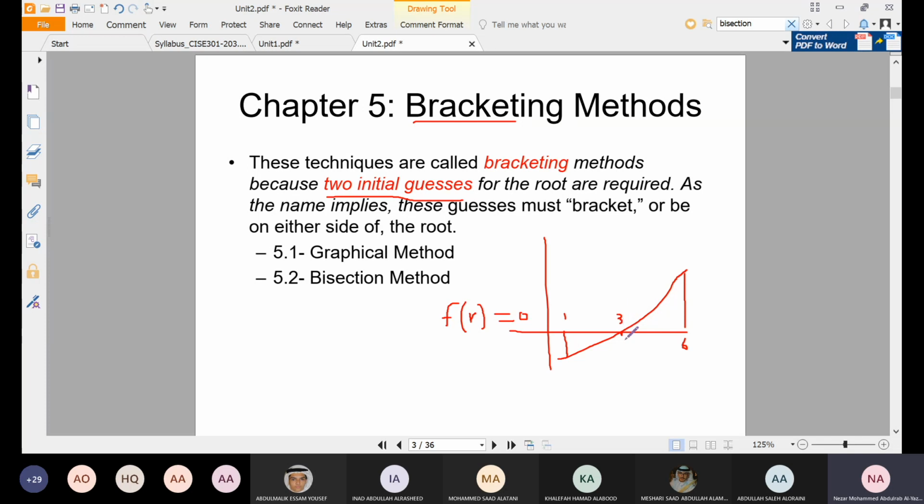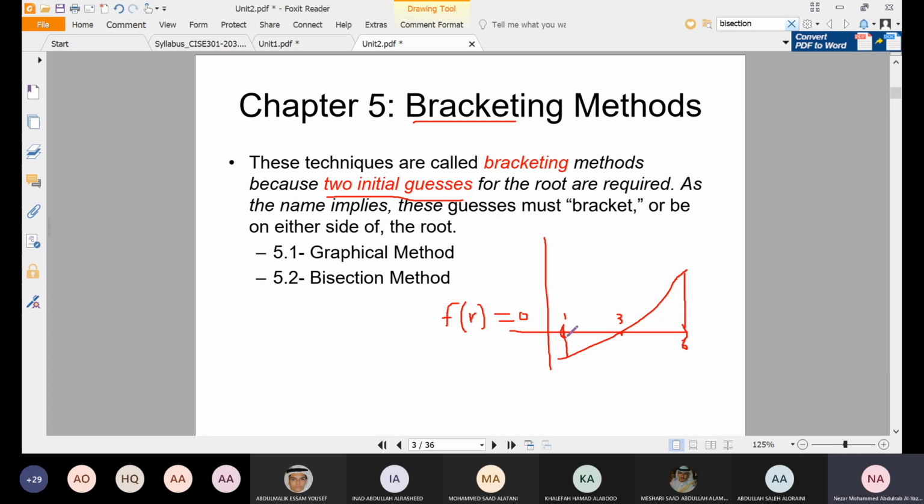So with this type, we start the bracketing method, which means we start from two initial guesses. We inform you that the root is located between the two points, the two initial guesses, here 1 and 6. We put a bracket here, which is why we call this the bracketing method.